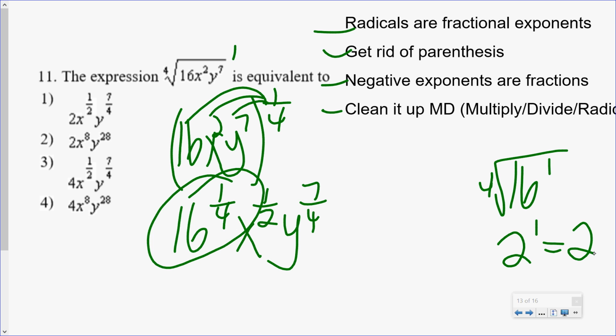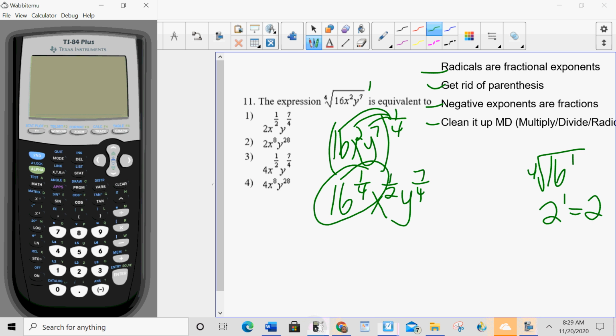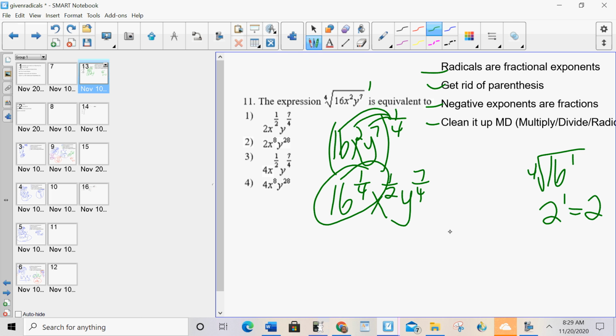And again, worst comes to worst, it's a multiple choice question. It's still up there from the last problem we did. 16 to the 1/4 is 2. So I have 2x to the 1/2, y to the 7/4, and my answer is choice 1. You can use multiple choice strategy for these questions.